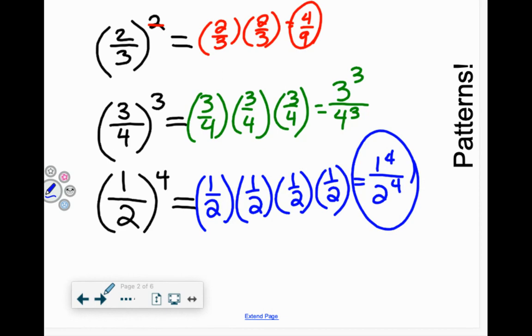If we're noticing the pattern, we're distributing the power to both terms. 2 squared, 3 squared: 2 squared is 4, 3 squared is 9. 3 cubed, 4 cubed, that's where we get our answer. 1 to the 4th, 2 to the 4th. So we're distributing that power to both terms. That's what we're going to talk about right here.